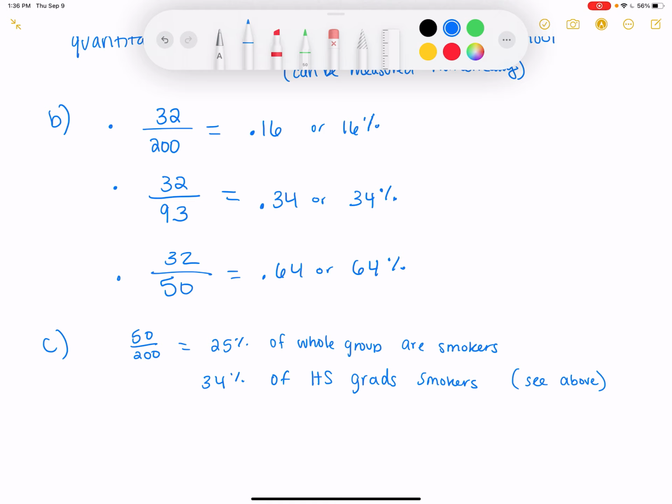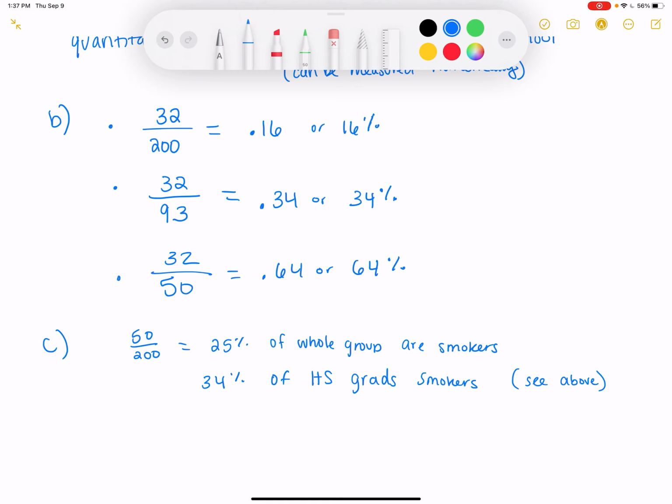So now, as we're thinking about the last two, we can take that question that we did for each percent, and just fill in 2-year college and 4-year college where high school grads was written in that question. So we can look back. What percent of the people with only a 2-year college education were smokers?